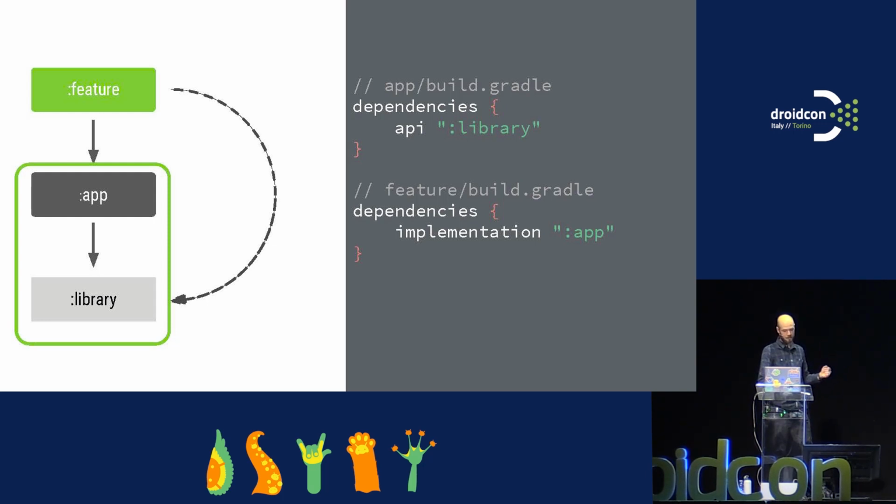So it gets compiled into that. And your feature then can depend as an implementation or API dependency on your application module. And that means that with this, transitively, the feature also can call the library module and can call code from there. This is really cool, really straightforward to implement.